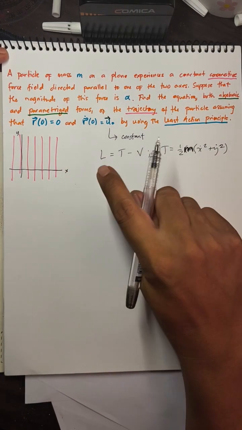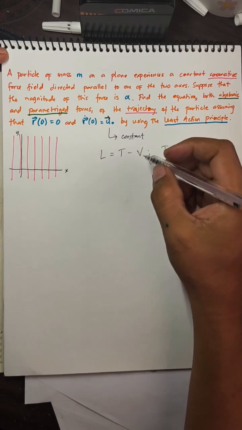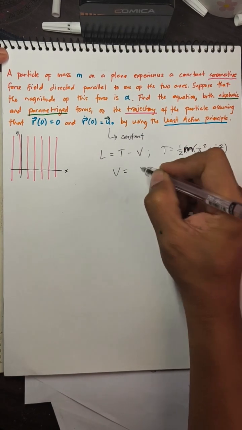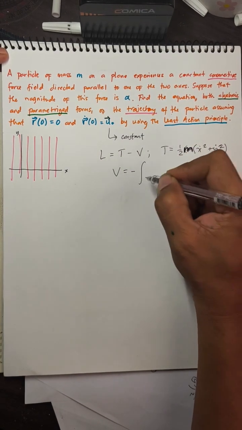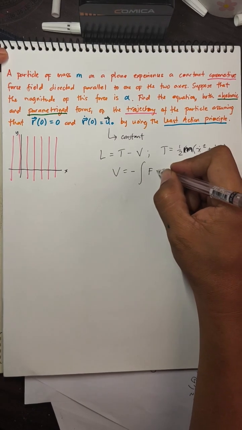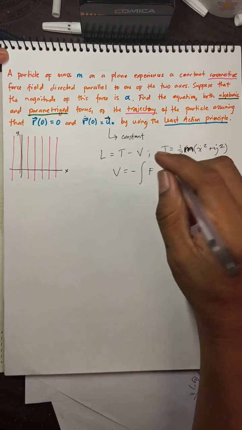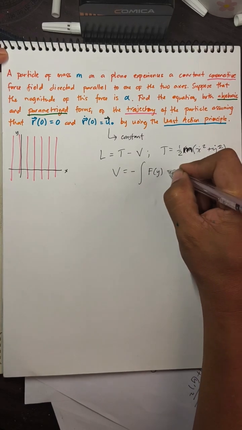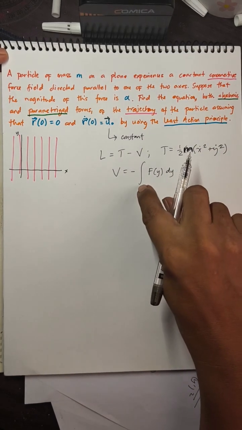How do we determine our potential? Theoretically, our potential is defined to be the negative integral of f, in this case a function of y alone, dy. Now, what is the limit?